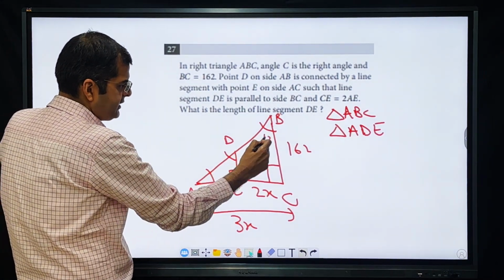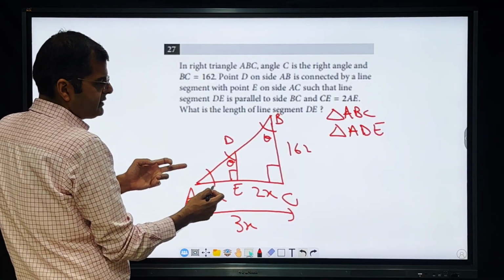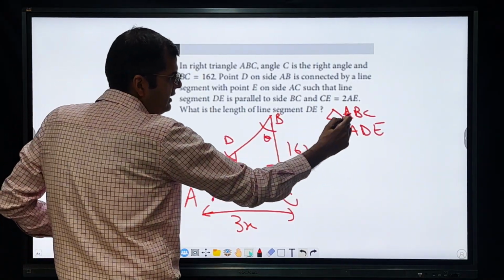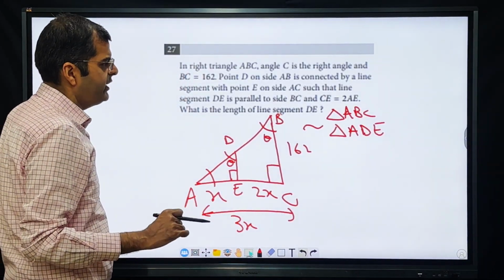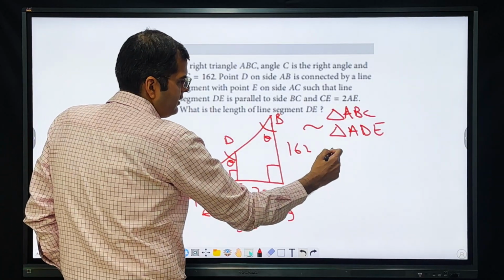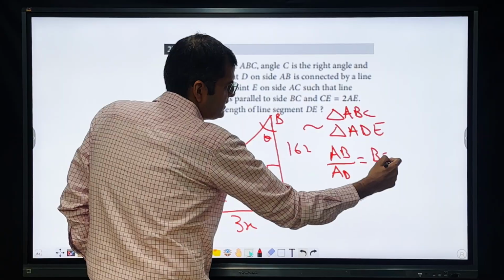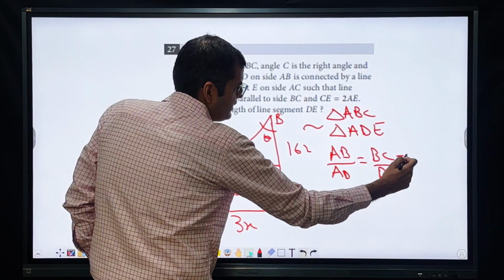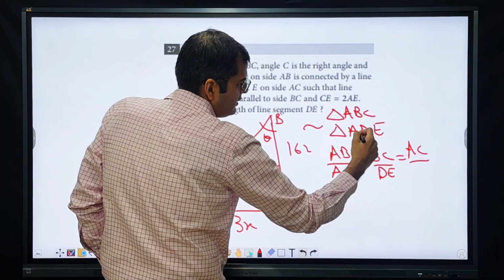So if this is theta here, this has to be theta here. Angle A is the same in both cases. So these two triangles are similar because each angle measure is the same as the corresponding angle. So if they are similar, I can conclude AB upon AD is equal to BC upon DE is equal to AC upon AE.